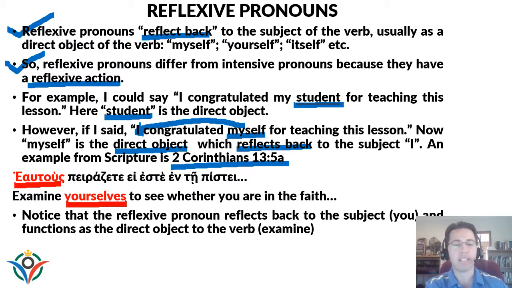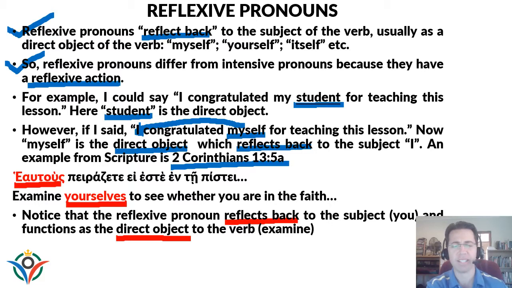Notice that the reflexive pronoun reflects back to the subject you. So the subject you is implied in the verb, which is an imperative, peirazete, and functions as the direct object to the verb peirazete, which means examine.